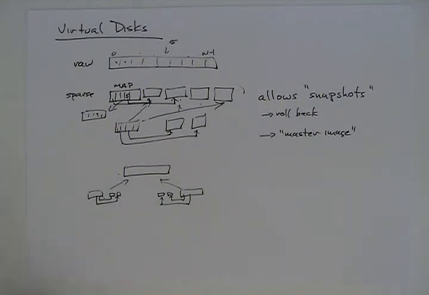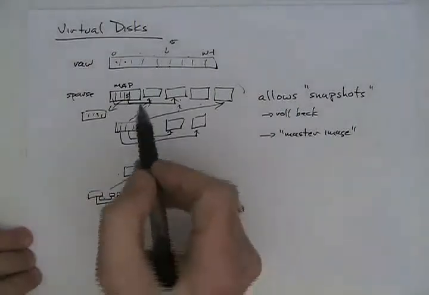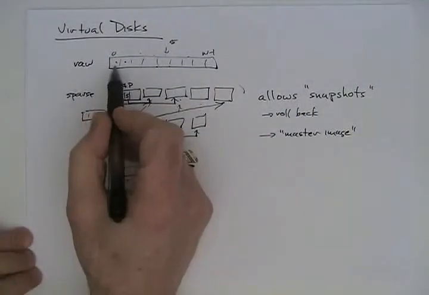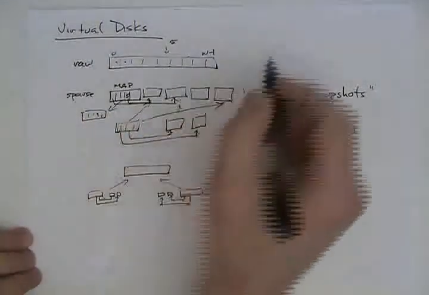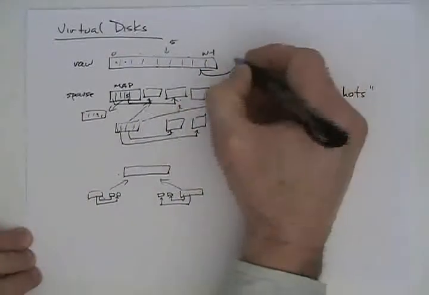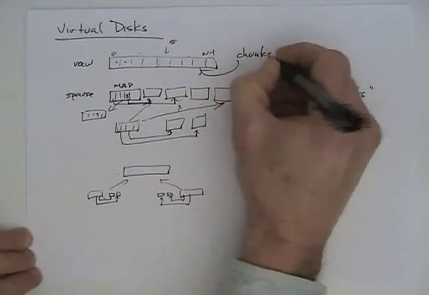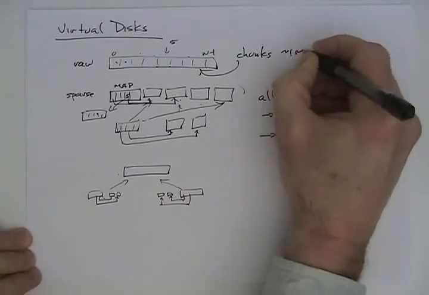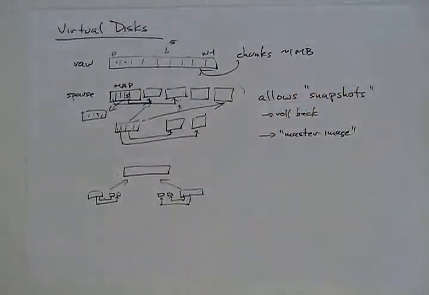We'll see, a ways farther into the semester, ways of doing this at the file system level, but here we're doing this at the raw disk level. We're splitting up our disk image into these chunks, like I said, maybe a megabyte in size or something.